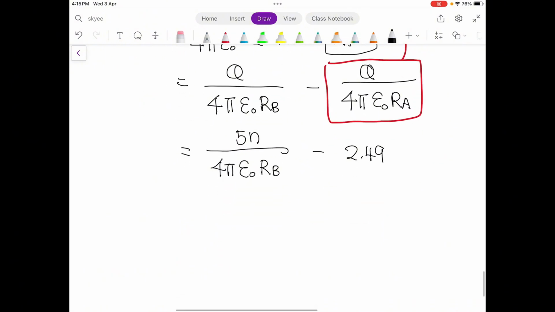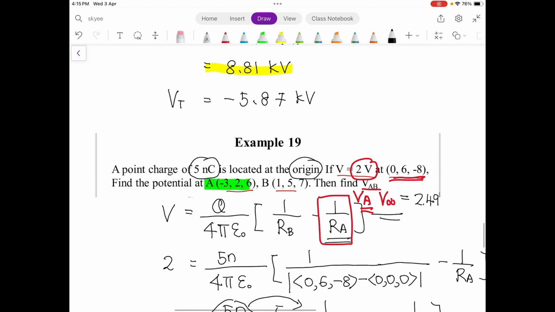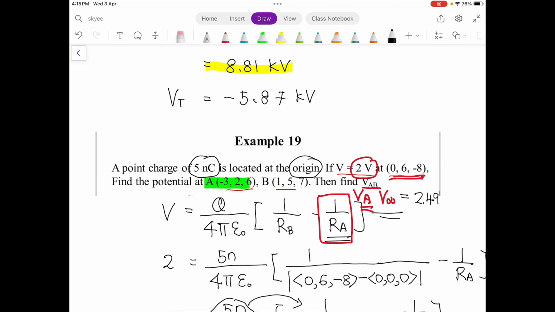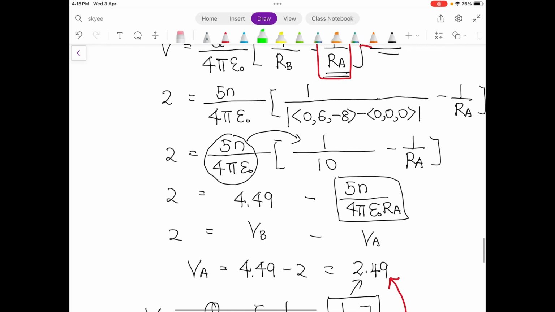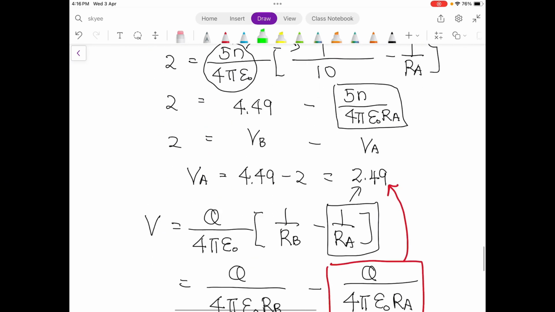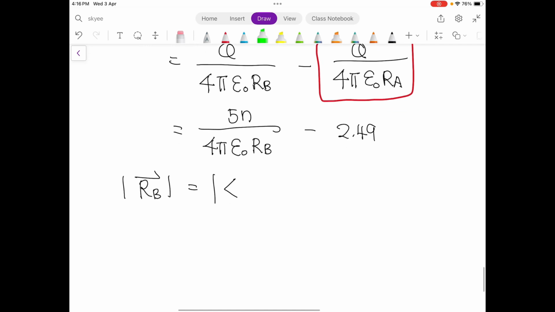RB we have no idea, so we have to find what RB is. RB is the distance between the observation point and the source point. The observation point is -3, 2, 6, and the source point is the origin, the source that contributes to the electric field. So it's -3, 2, 6 minus 0, 0, 0.